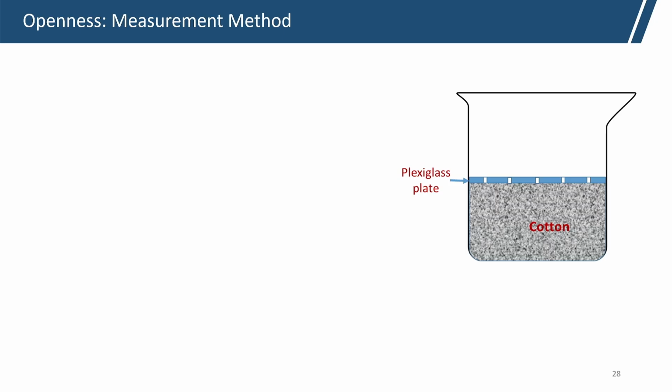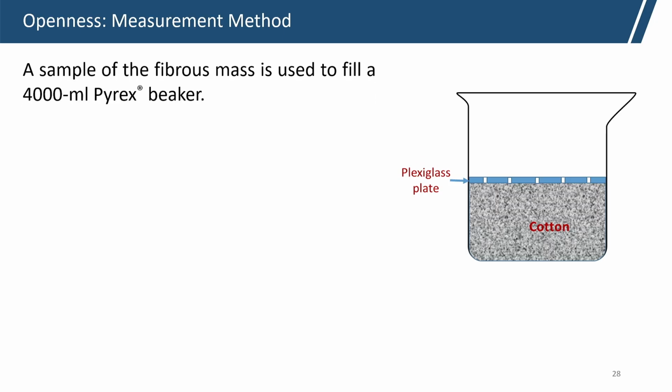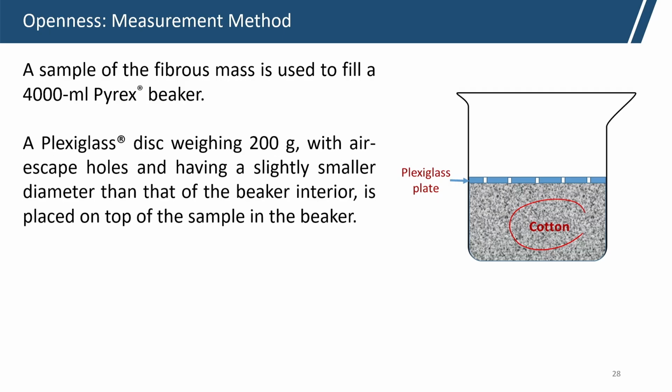Now, how to measure here? You can see a fiber sample, say a cotton fiber sample, is kept in a Pyrex beaker, and we cover it with a plexiglass disc.